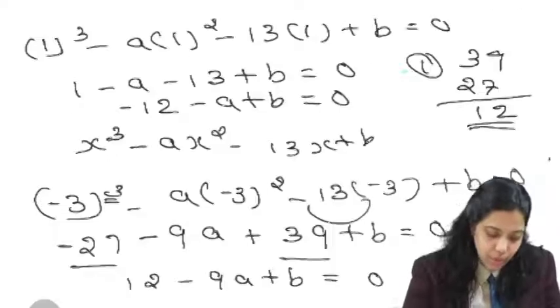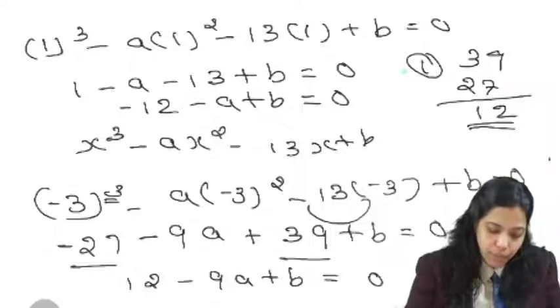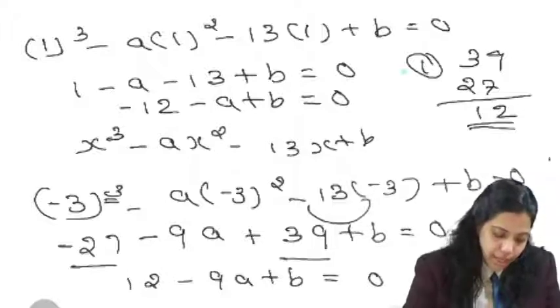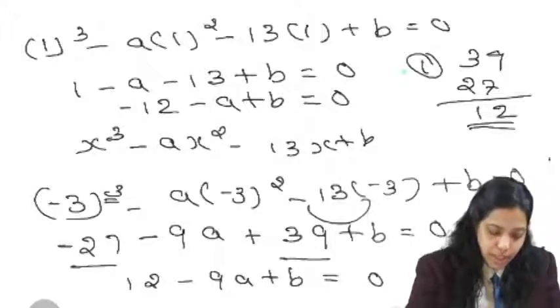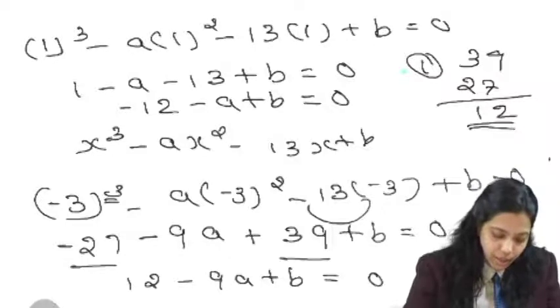Let's proceed with the first case, p of 1 equal to 0. It will come 1 raised to 3 minus a times 1 square minus 13 times 1 plus b equal to 0. Let us simplify this one.